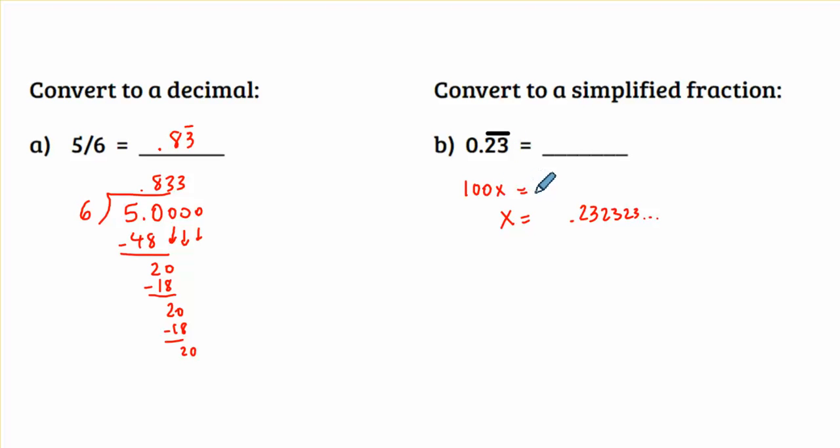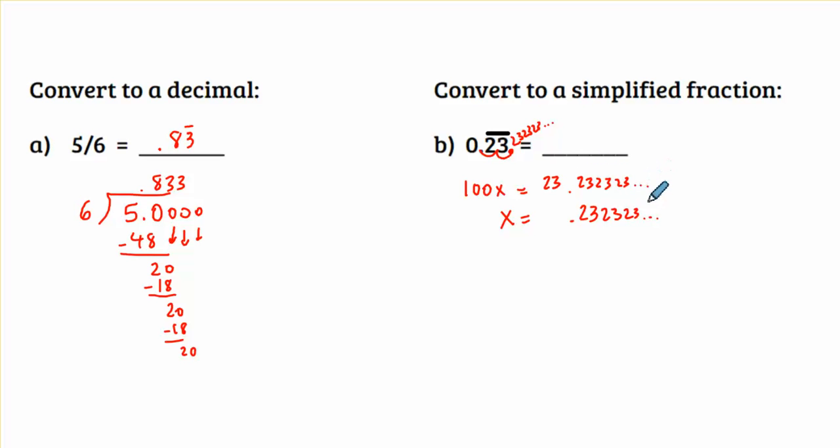When I multiply by 100, I move the decimal twice. So I now have 23.232323 on and on and on. So I'm going to line up my decimal so it's 23 point and then all that mess here.